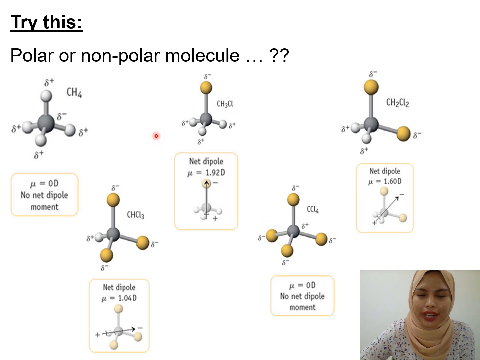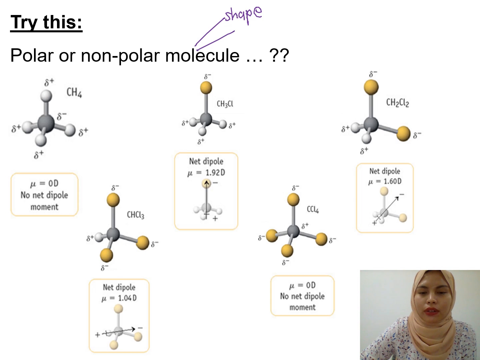So let us try this. Okay, which one of these molecules polar ke non-polar? So untuk tahu polarity of the molecule, tadi Miss bagi tahu apa yang you kena tengok ialah you kena tengok the shape of the molecule, symmetry ke tidak. Okay, lepas tu you tengok dia punya resultant dipole moment ataupun dipole moment equals to 0 ke tak sama dengan 0.